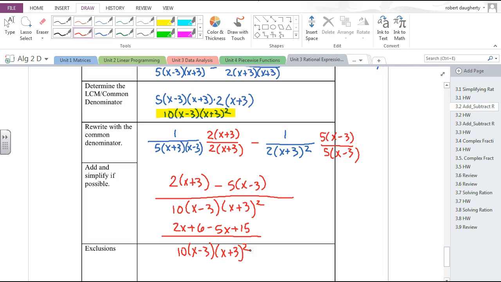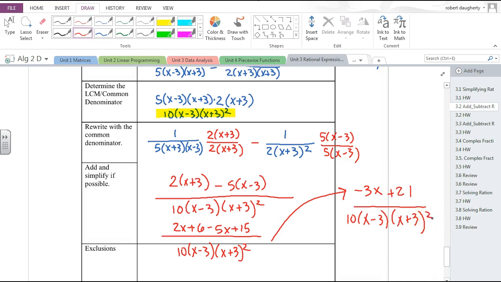And we keep going. What's 2x minus 5x? Negative 3x. And then what's 6 plus 15? Plus 21. All of that over 10 times x minus 3, x plus 3 squared.